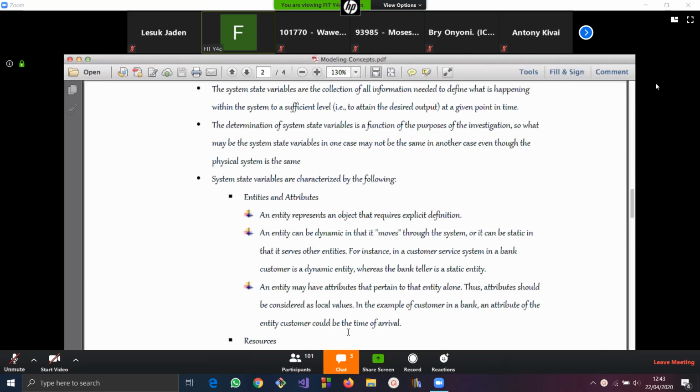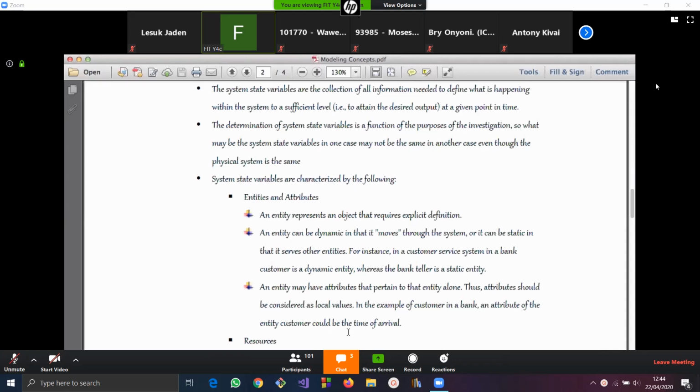And therefore, a system is made of entities, and entities have attributes. Those entity objects, we can explain them in terms of their characteristics. An entity represents an object that requires explicit definition, which I think we discussed a little bit.